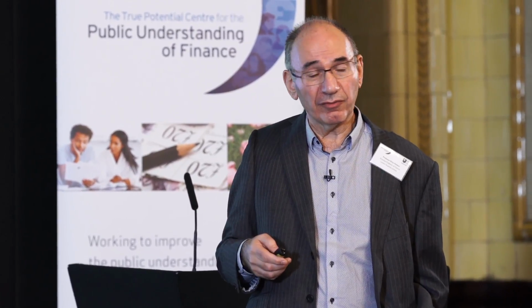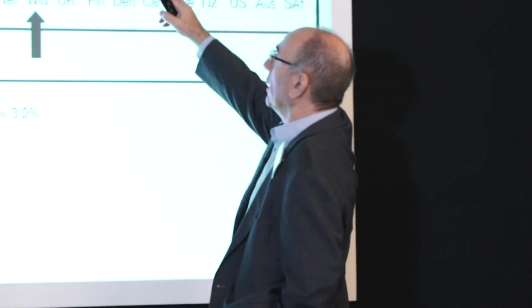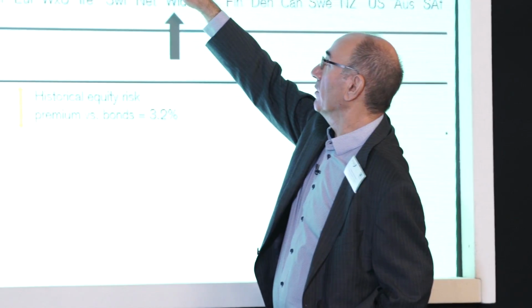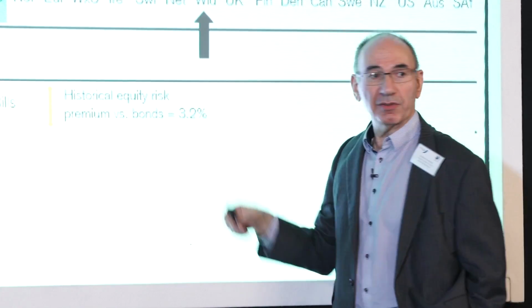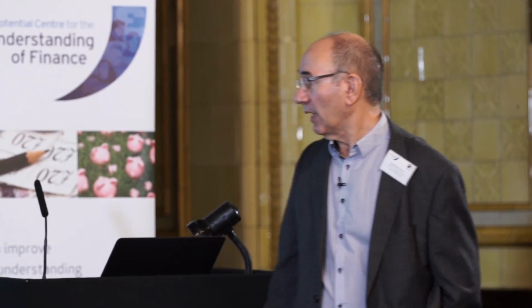And this enables us to look a little bit at what the lessons are that we might draw from the long term. If we have a look at the comparison between equity returns and bond returns, there was 3% more per year in the world index, and 4% more if you make a comparison with treasury bills.